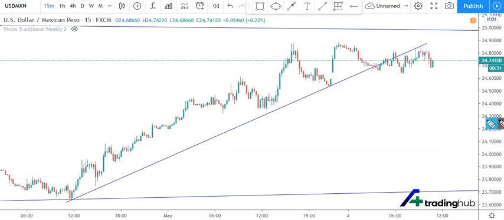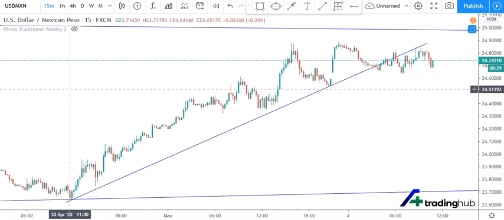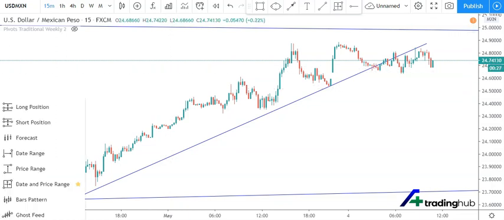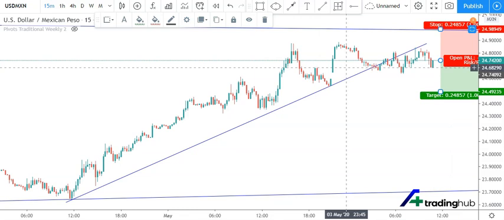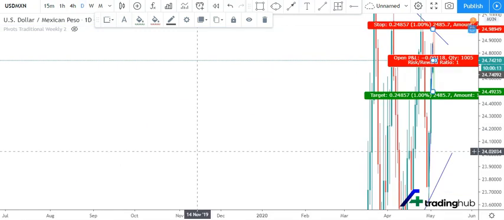So let's bring out our position. Our entry is at current market price. We put our entry at current market price. Then where will be an ideal position to place your stop loss?